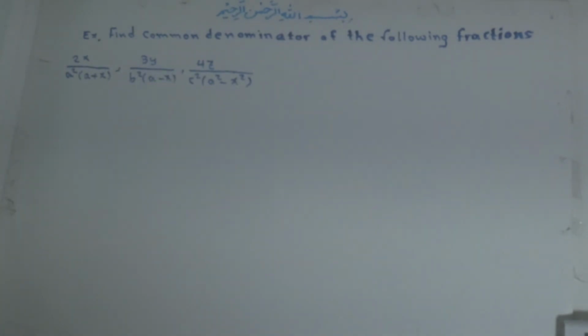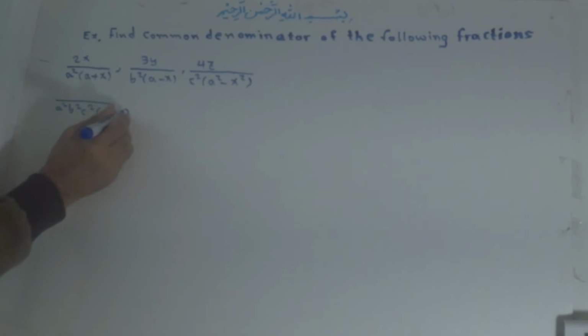Now if we multiply all of these three denominators, it also gives us a common denominator, but the best thing is that we find the lowest common denominator. For that, it is better that we find the lowest common multiple. It means that a to the power of 2 is common, b to the power of 2 is here but not there, c to the power of 2, and a plus x and a minus x.